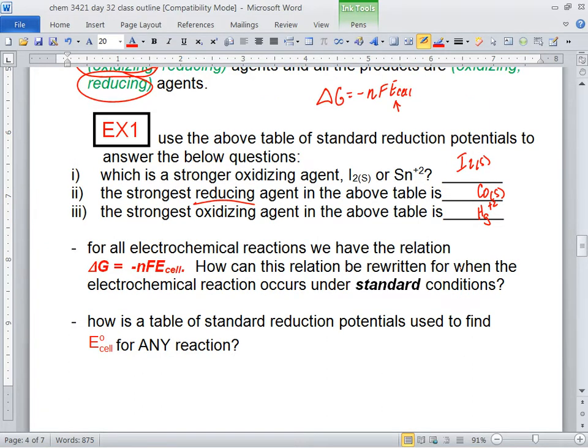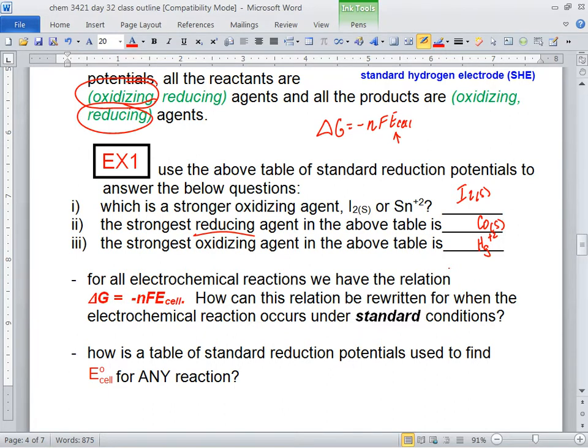For all electrochemical reactions, we have the relation. We talked about that. Good deal. How can this relation be rewritten for when the electrochemical reaction occurs under standard conditions? So we're supposed to be using the table. Do you remember this? Under standard conditions, you're supposed to put a little superscript on stuff. There's a superscript that looked like what?